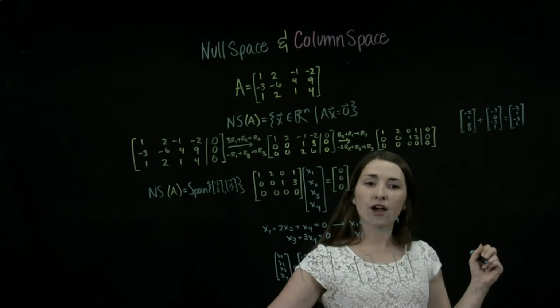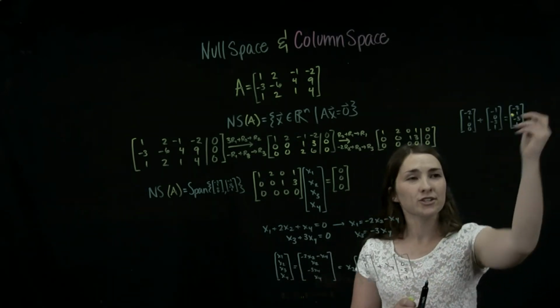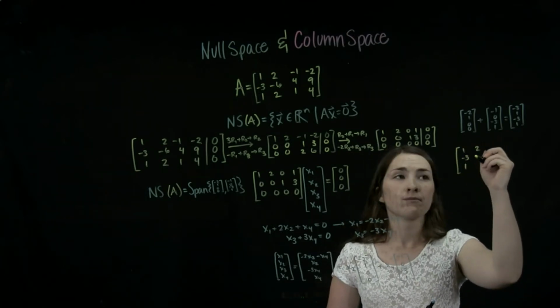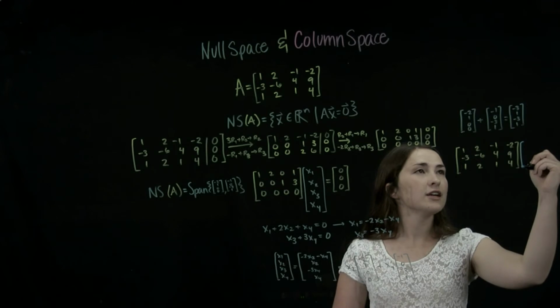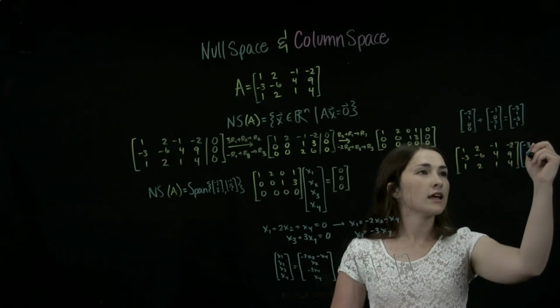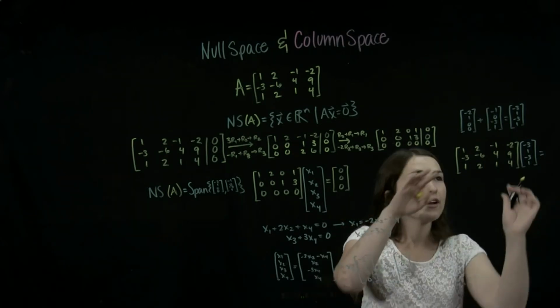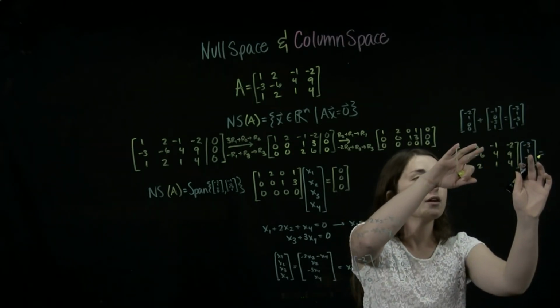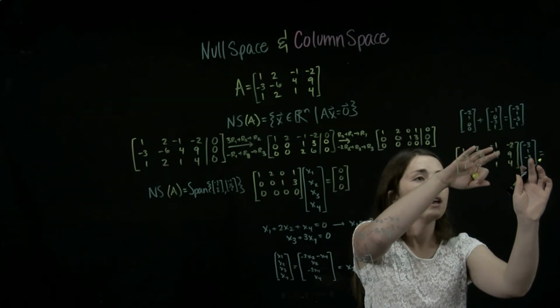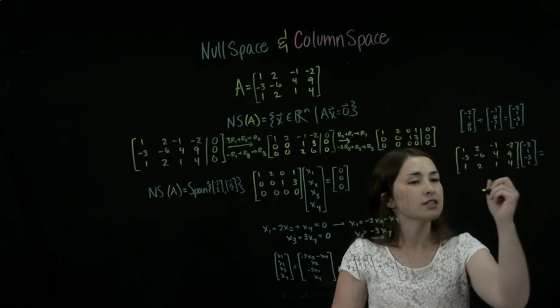So now if we take our matrix A and multiply it by this linear combination here, negative 3, 1, negative 3, 1, what's that going to give us? We're going to have negative 3 plus 2, so it's negative 1, plus 3 is going to be a 2, minus 2 is going to give us a 0.